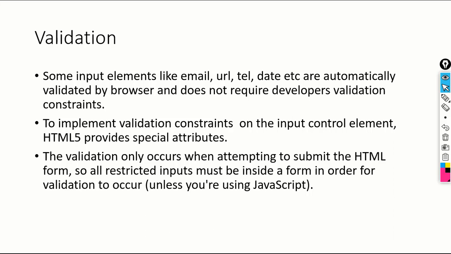So let me explain these two important points. What are these two important points? To implement validation constraint on the input control element, HTML5 provides some special attributes. So we have a few special attributes. Using those special attributes, we can apply validation constraints on input control elements.